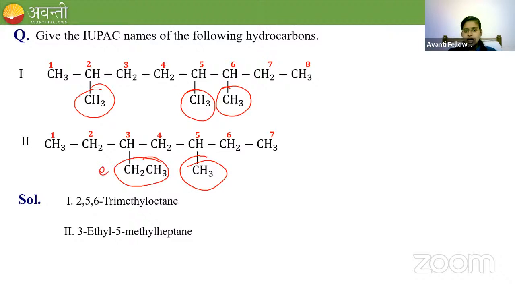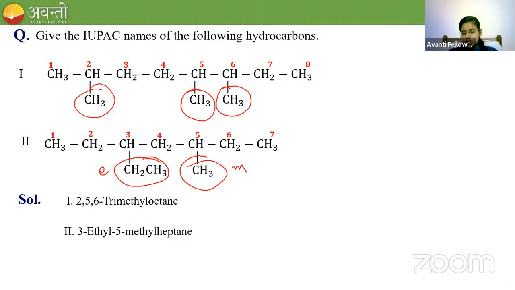So the ethyl attached carbon should get the first preference because E comes first in the alphabet. So it is 3-ethyl, 5-methyl, heptane. This is how you have to practice with more number of questions, to get familiar with this IUPAC name.